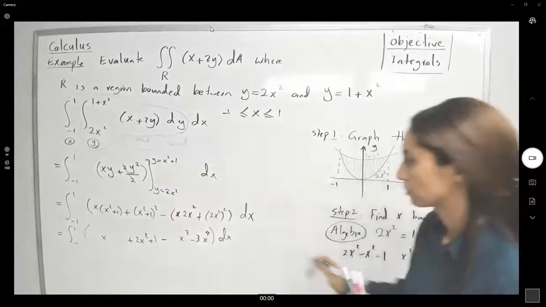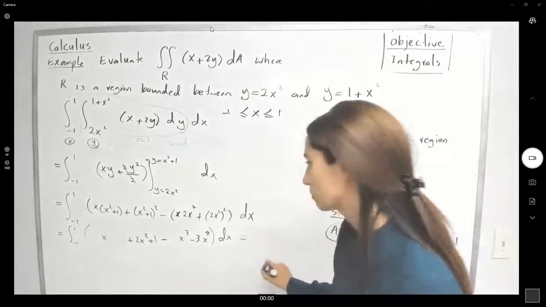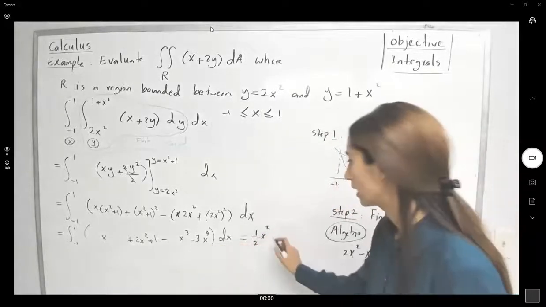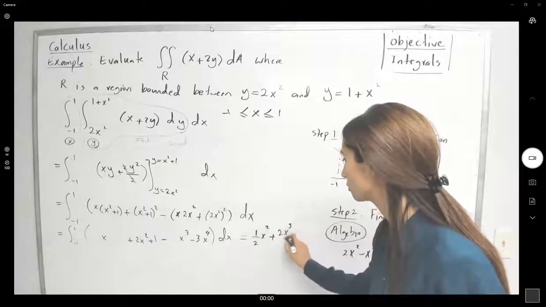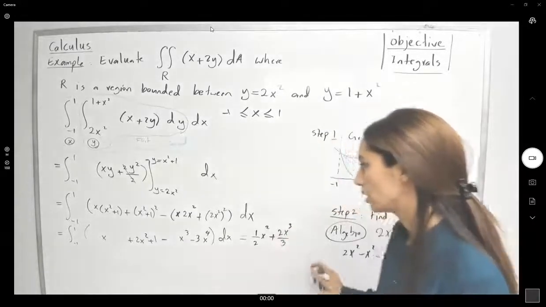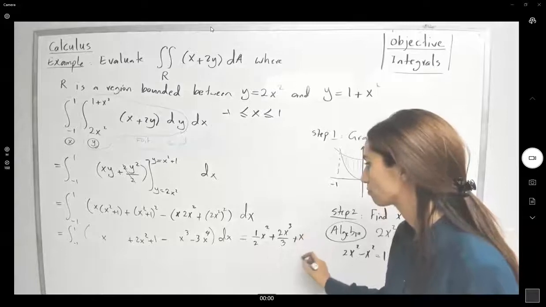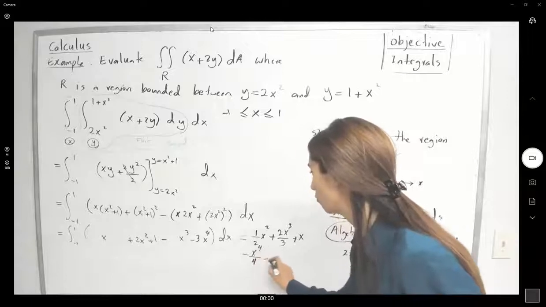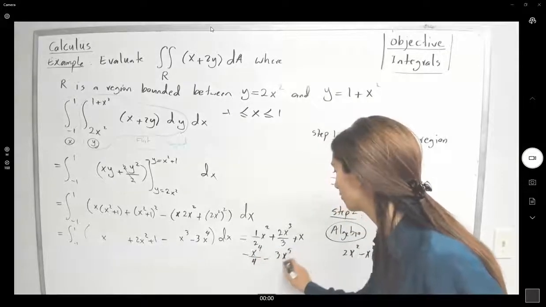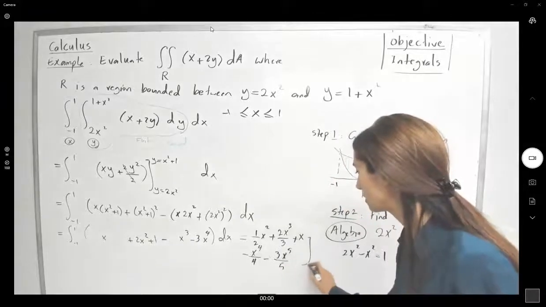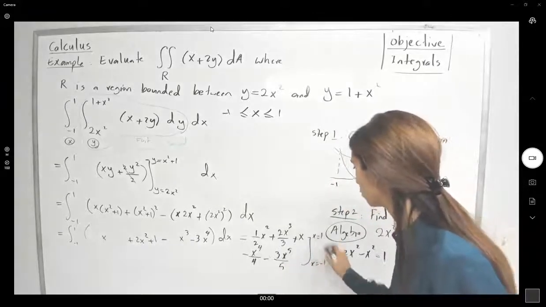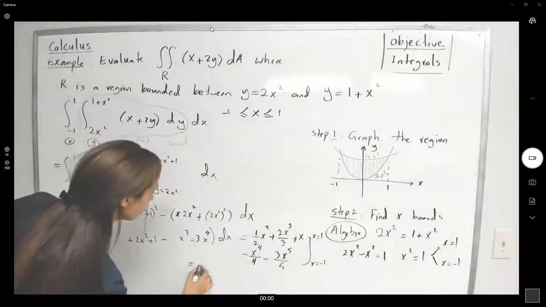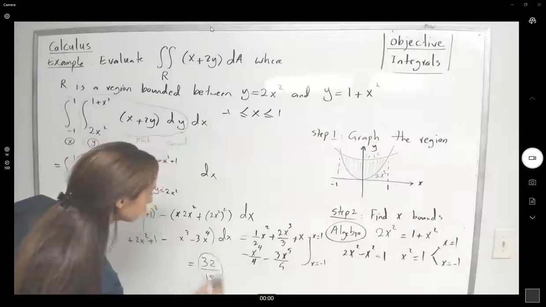Well, here we have a half x squared plus 2x cubed divided by 3 plus x minus x to the 4th divided by 4 minus 3x to the 5th divided by 5, and my x ranges between -1 to 1. After plugging the values, you get 32 over 50.